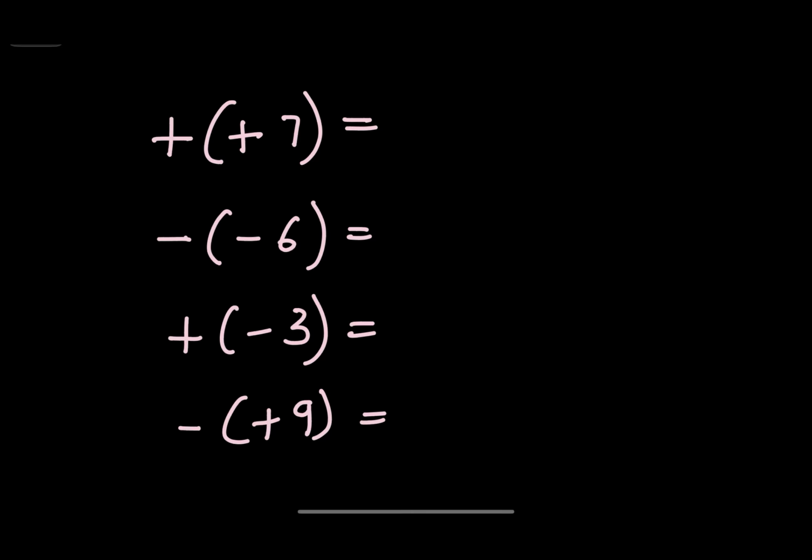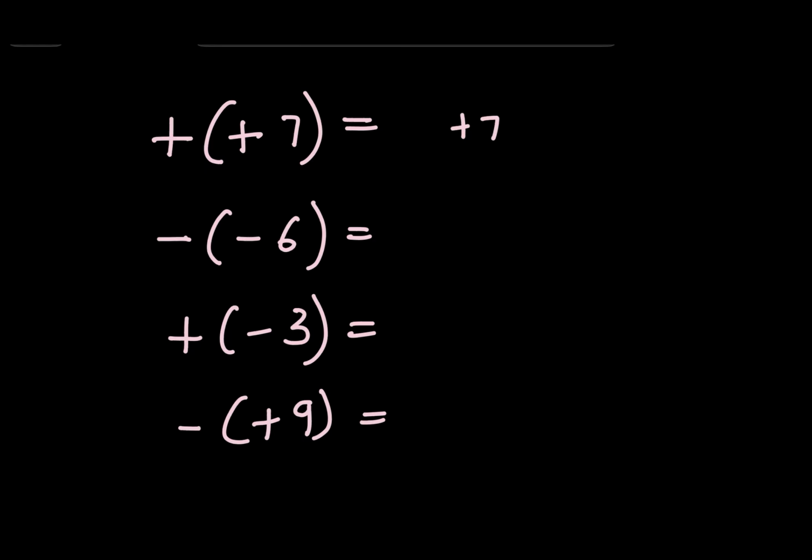Now in the next one, first I want you to see this, guys. When these two signs are together, it means they are being multiplied. So in multiplication of integers, if these signs are the same, like plus and plus or minus and minus, we will have the plus sign in the end, and if they are different, then we are going to put a negative sign. What do I mean by that? Plus and plus, same signs, plus 7.